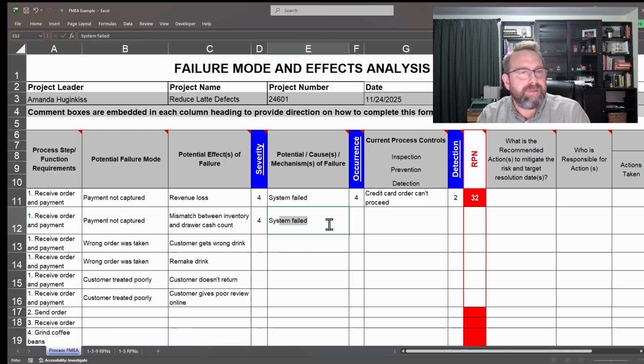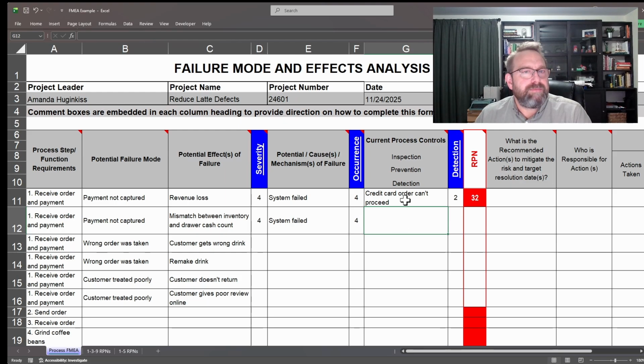So I think we might be back to system failed. So now, if there's a system fail, here's an example where if we've got the same cause, then we really should be giving it the same occurrence. And if your team wants to stop and haggle about this, we can go back and change that to a 3 or 4, but you want to be consistent.